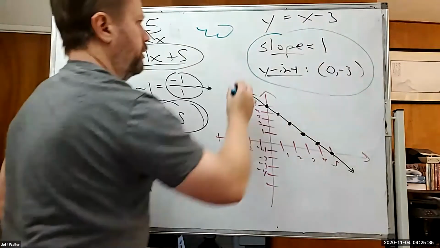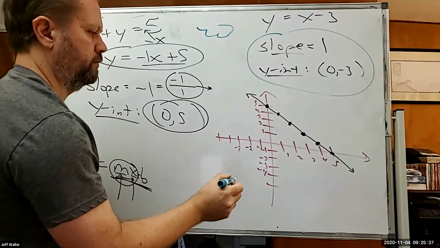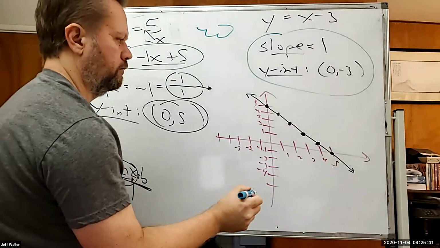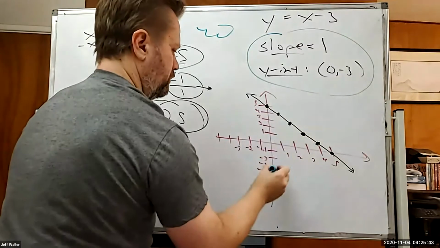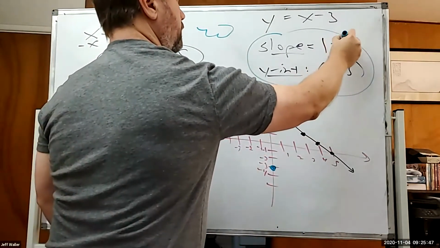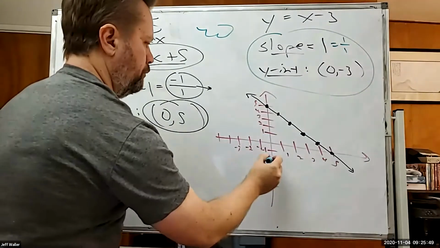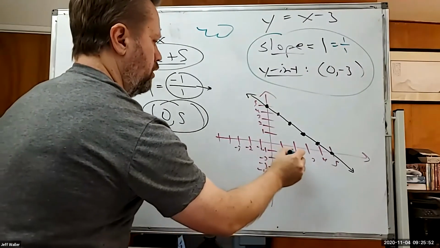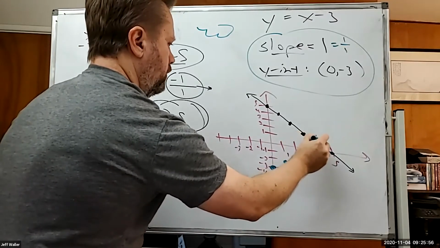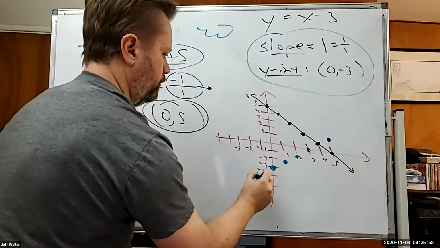What do I plot first? At the y-intercept. Yes. So it's going to be right there. And then from there, I go what? Up 1 over 1, up 1 over 1, up 1 over 1, up 1 over 1. Okay.